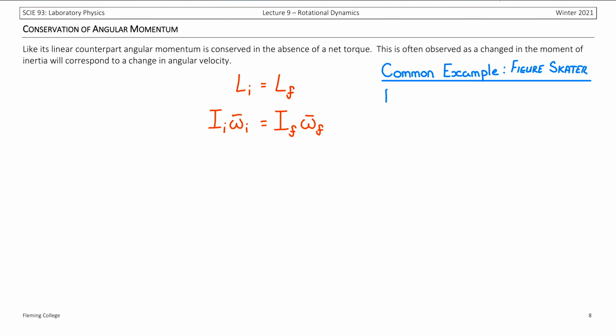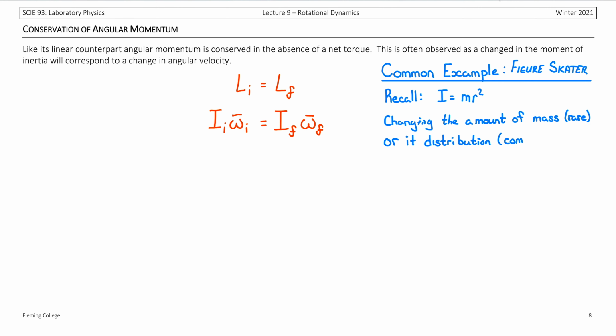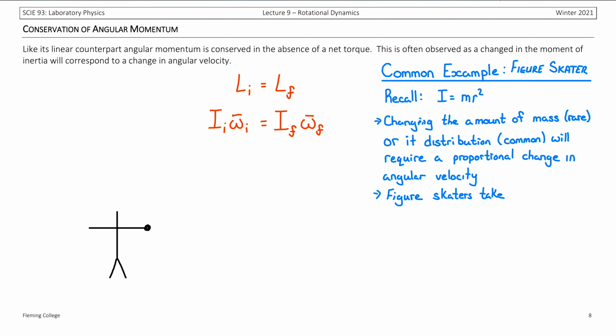So recall, we can calculate our moment of inertia using mass multiplied by radius squared. Meaning that if we change the amount of mass, which is rare, or its distribution, which is pretty common, it will require a proportional change in the angular velocity as our angular momentum is conserved.